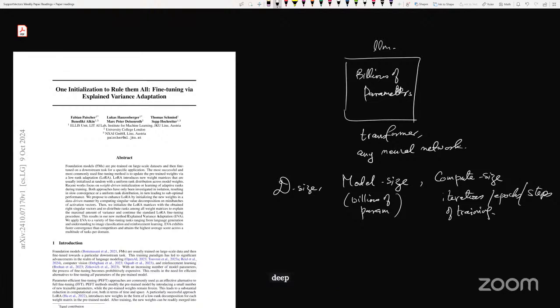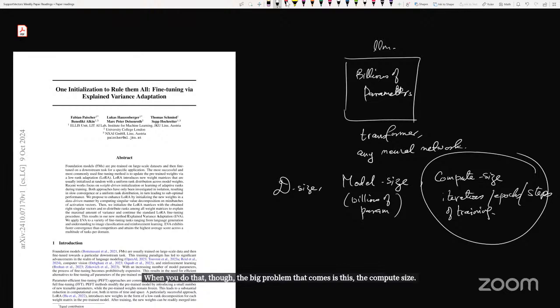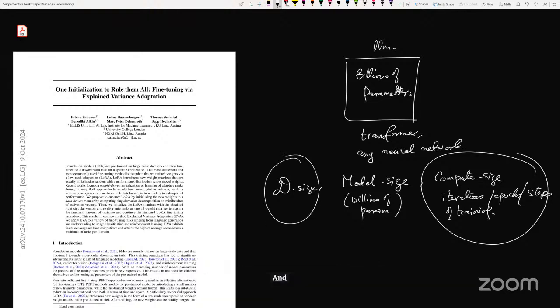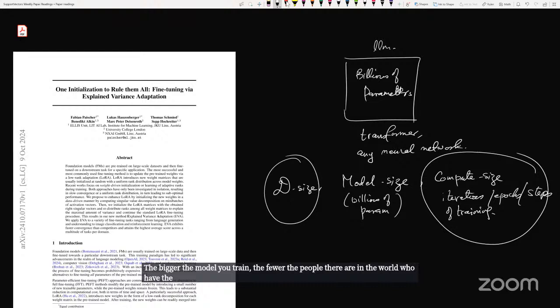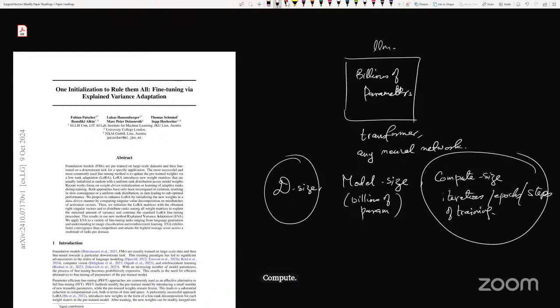convolutional layers, right? And when you do that, the big problem that comes is the compute size and getting even access to data sizes. It just so turns out that the bigger the model you train, the fewer the people there are in the world who have the compute infrastructure or ability to run computes of that size.